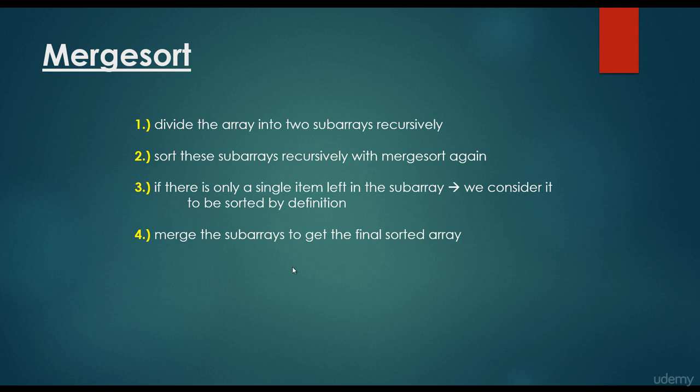We keep splitting the given array into smaller and smaller subarrays until we bump into the situation that the given subarray contains only a single item. It's going to be the base case of the recursive method call because we consider it to be sorted by definition, and then we have to merge the subarrays in order to get the final sorted array.